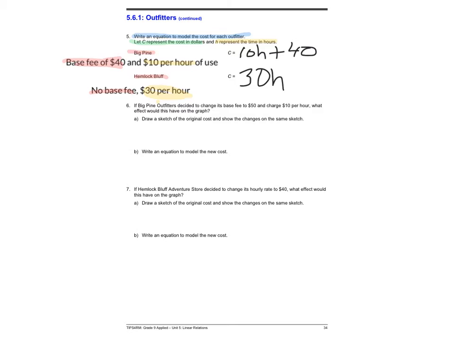So there we have our equations for both of our Outfitter stores. For Big Pine, we have the cost equals 10 multiplied by the number of hours plus $40. And for Hemlock Bluff, we have the cost is equal to $30 times the number of hours.